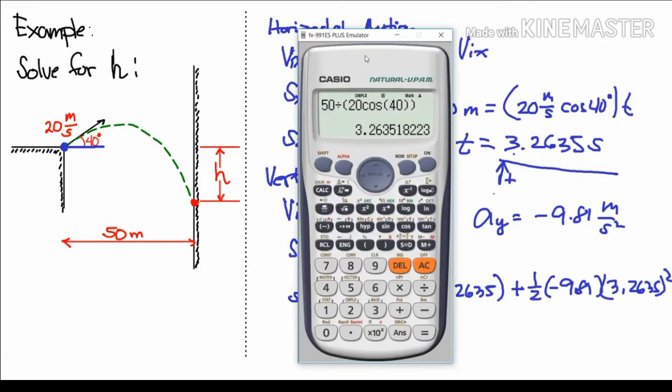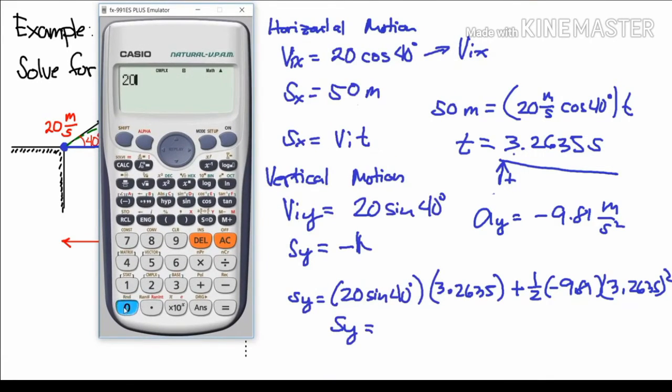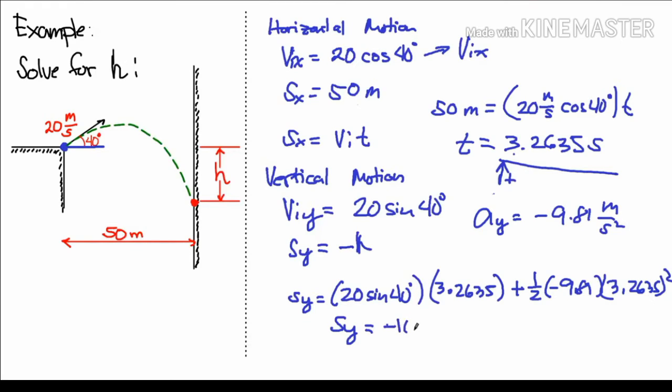So we can calculate, and that's negative 10.29 meters. That is negative h, so the h is 10.29 meters. So that's the answer.